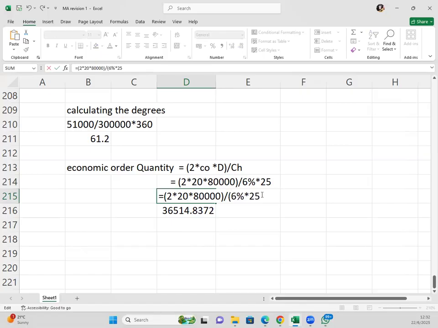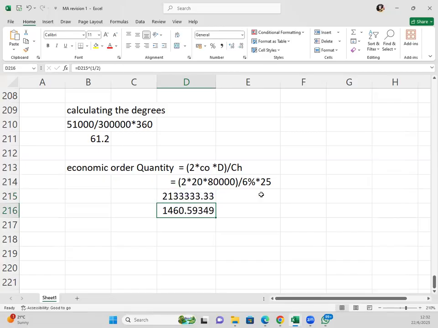Yes, that's also what I got. I think I had made an error on the first one. So the answer is roughly 1,461. So 1,461 is our economic order quantity.